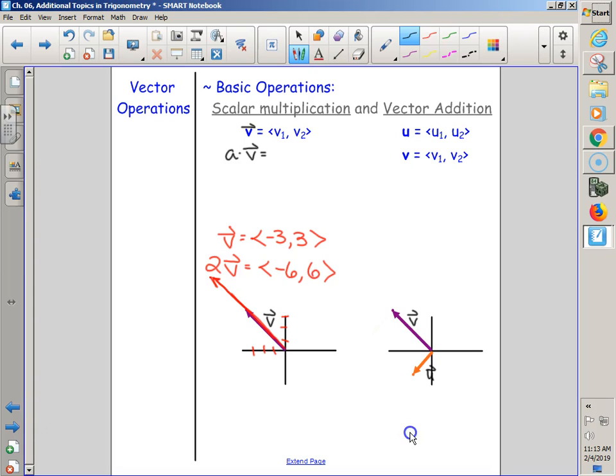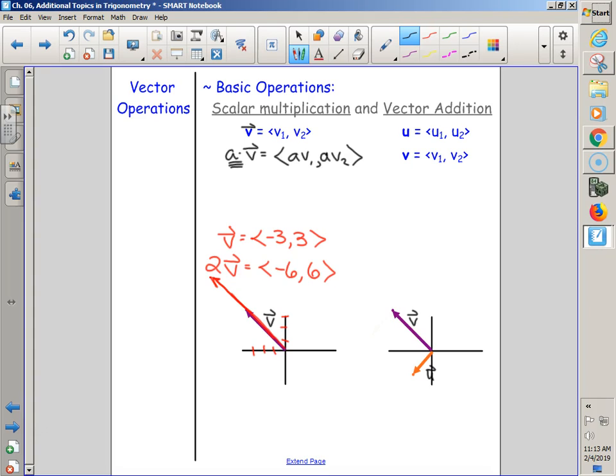So if we ever have to do scalar multiplication, you're just going to take whatever constant's being multiplied and multiply it by the first component and then multiply it by the second component. The only time that gets weird is if there's a negative number, like negative 2 times a vector or negative 3 times a vector. Any ideas what's going to happen if there's a negative? Not shrink, actually. That would be like a 1/2 or a 1/3. Negative switches the direction. The arrow would be going the opposite way.